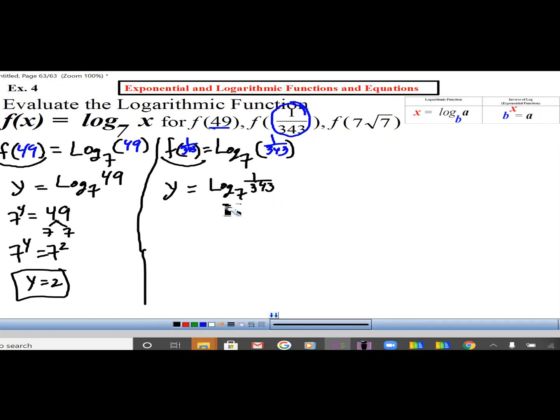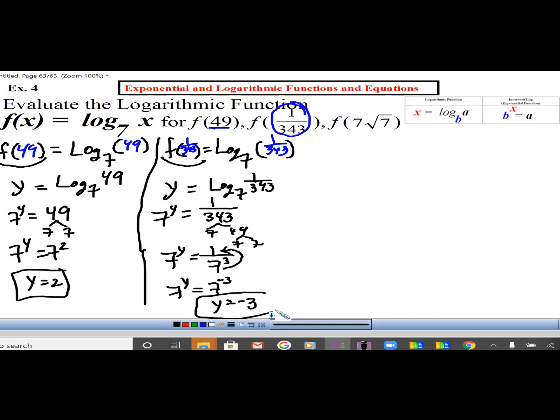What's our base? 7 to the exponent y equals 1 over 343. So these need to have the same base. So 343 divided by 7 is 49. 49 divided by 7 is 7. So that's 7 cubed. So this is 1 over 7 to the third equals 7 to the y. We bring the 7 to the numerator, so this is 7 to the negative 3 equals 7 to the y. Therefore, y equals negative 3.